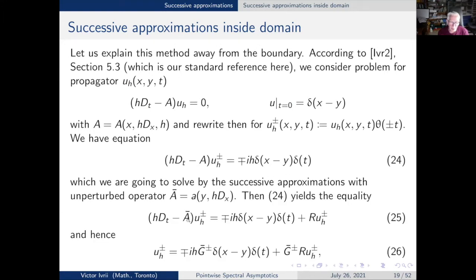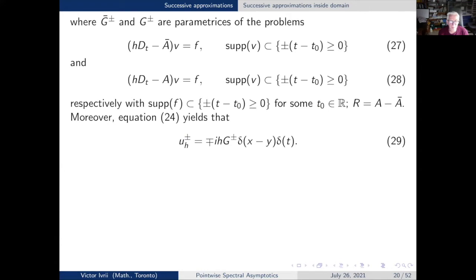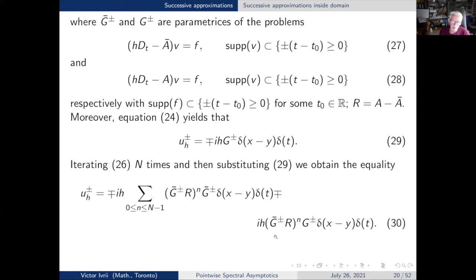Then, if I take A bar equal to A with symbol frozen at point y, we will get this. And therefore, we write the successive approximation. And then, iterating, we will get this formula.